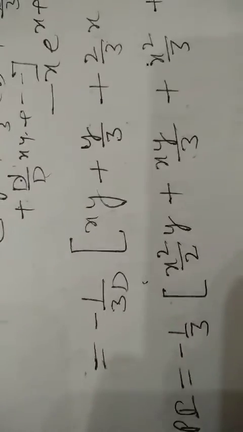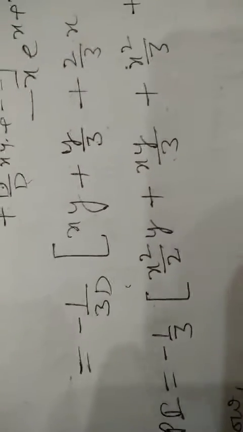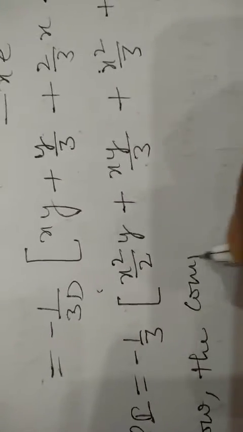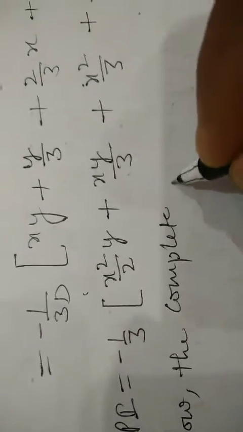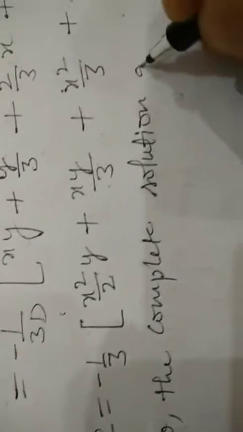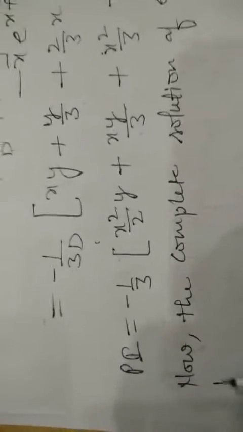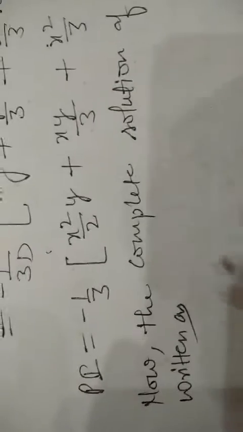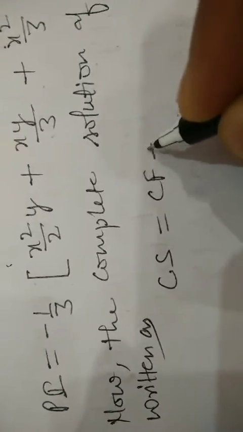Now the complete solution of equation 1 can be written as complete solution CS is equal to CF plus PI.